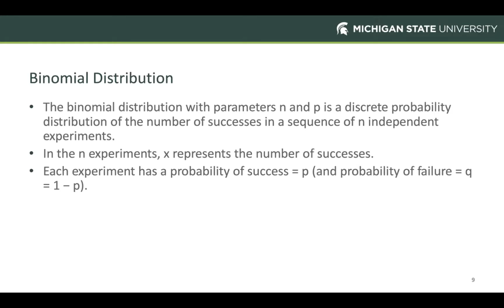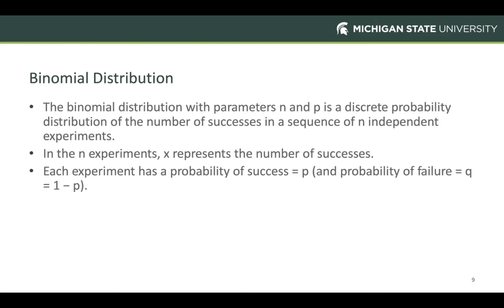And so just to refresh everyone's memory, the binomial distribution has parameters n and p, and it is a probability distribution that characterizes the number of successes, which we will denote x, that would be experienced over a series of n independent experiments, or in our case, if we observe n individuals or n vehicles or n units of some type.